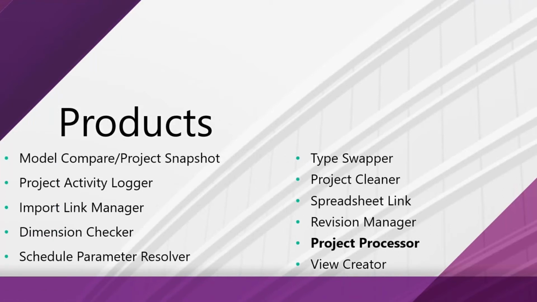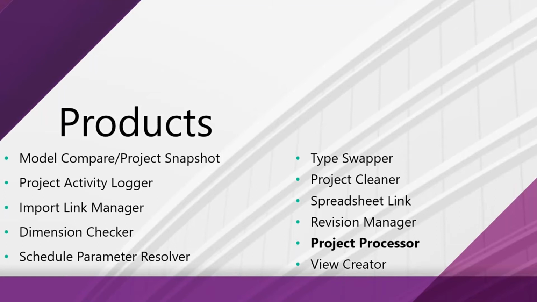These are all of the products that we have covered to date. We started off in session 1 capturing all of this data using tools like Model Compare from the Project Suite and Project Snapshot from the BIM Data Suite, but then also the Project Activity Logger, which also comes with BIM Data Suite, but also is available using Hive Content Management System.